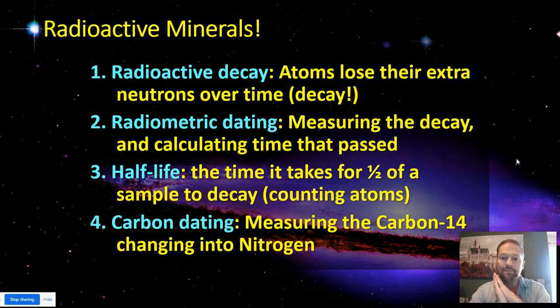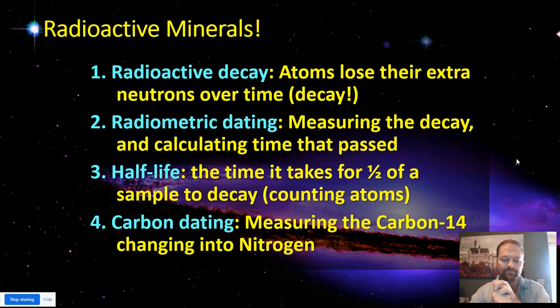So we can measure that radioactive decay, and we do a simple calculation to find out, based on the amount of decay, how old is the sample. You can have a rock that is 10,000 years old, or you can have a rock that's 10 million years old. Radioactive decay and radiometric dating give us that information.